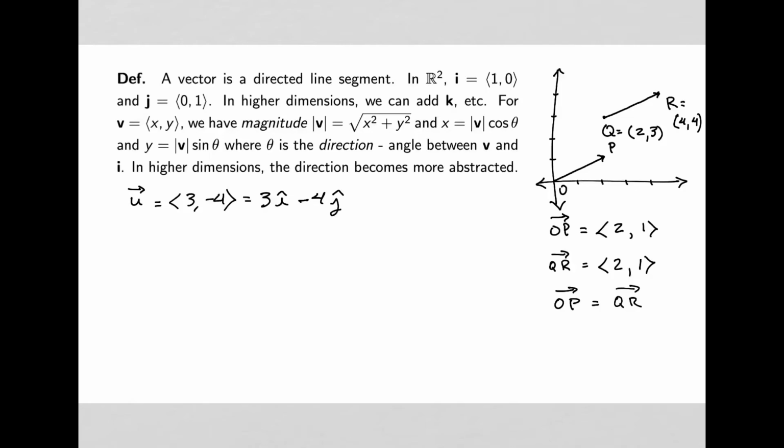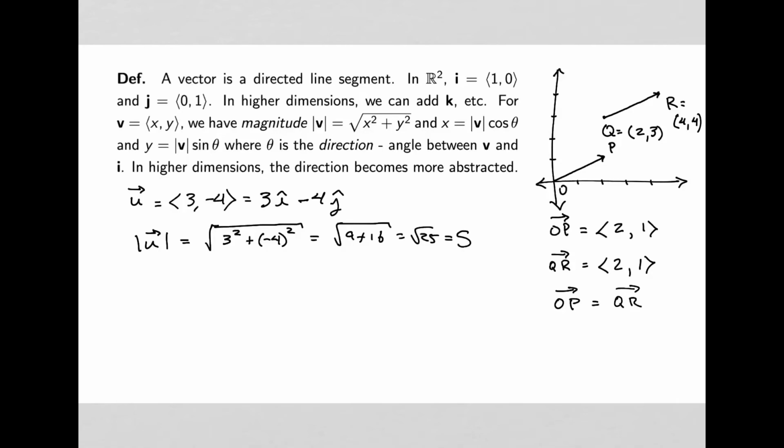So then if I ask you to take the magnitude of this U vector that I just wrote there, then you would take a square root. You need to take the 3 squared plus the negative 4 squared. And so that's going to turn out to be the square root of 9 plus 16, which is the square root of 25, or 5.